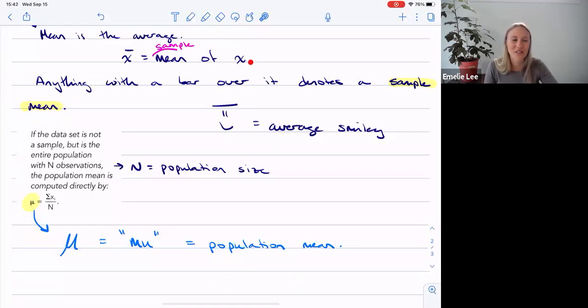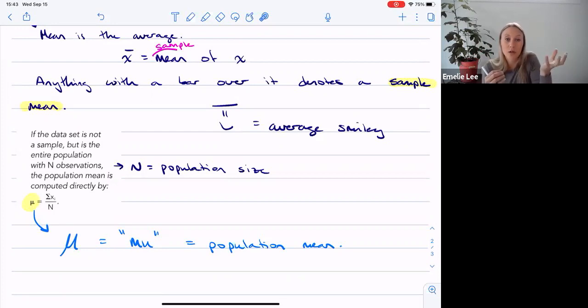Anyways, our usual letters, those are going to belong to a sample, right? So whenever we're describing a sample with information from a sample, we're going to use our regular letters, right? Whereas if we're talking about information from a population, it's very rare that we have the entire population to talk about. Usually what we're doing is we're taking a sample and doing calculations on the sample.